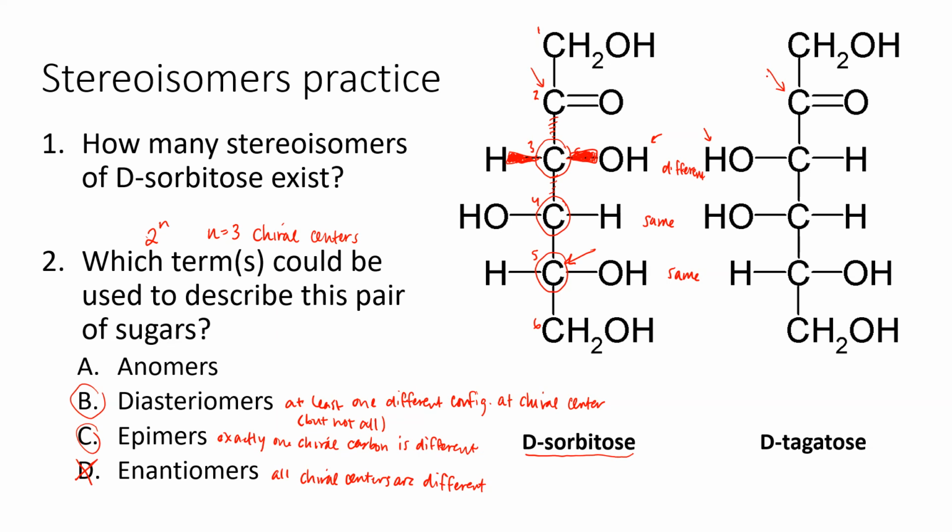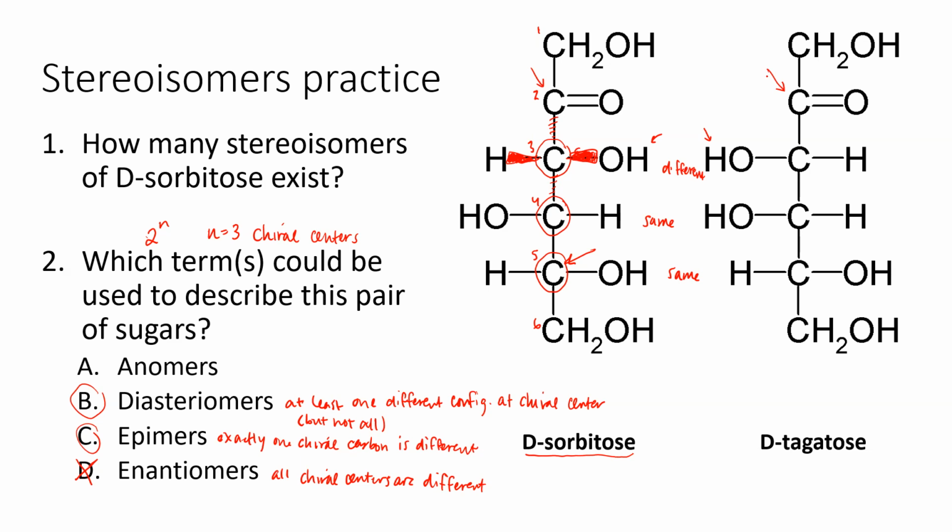But when you form a hemiketal, in this case, because you have a ketone, then that carbon would have 4 different groups attached to it, and it is chiral. But right now it's not chiral yet. So we don't know which configuration we'll have at the anomeric carbon yet, because these sugars aren't in the ring form. So it's just not possible here because we have only the linear sugars.